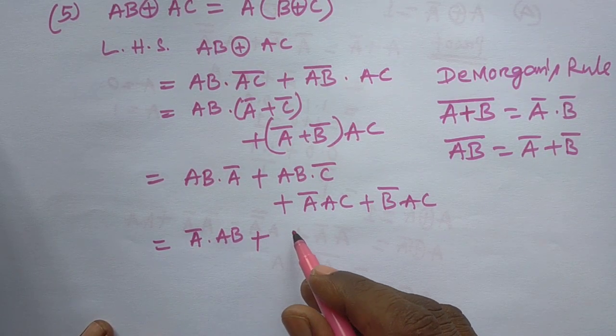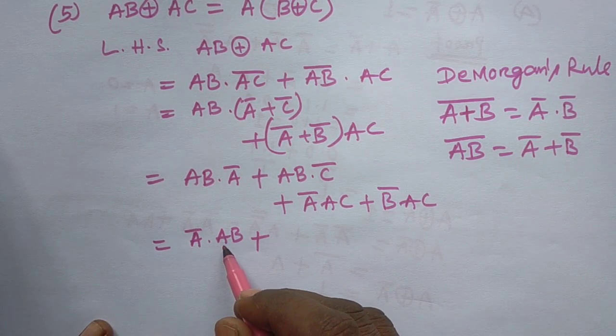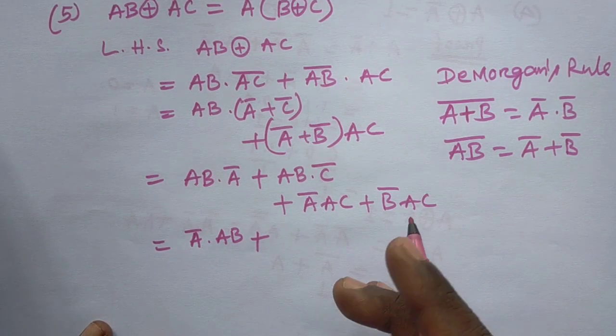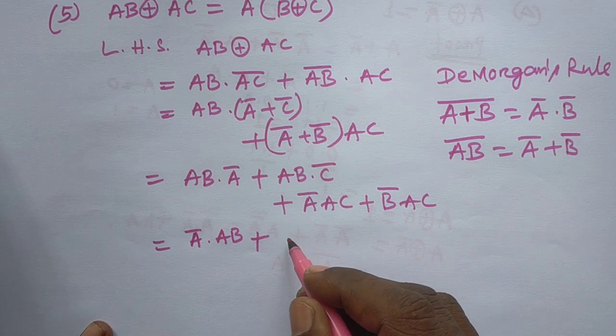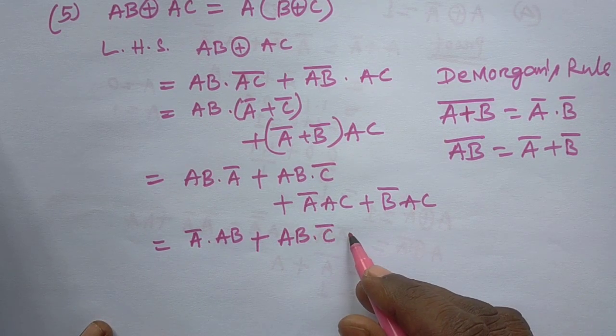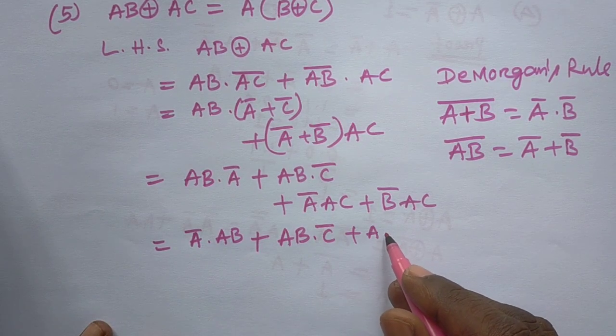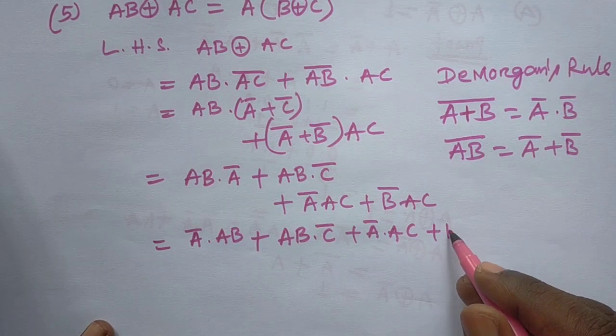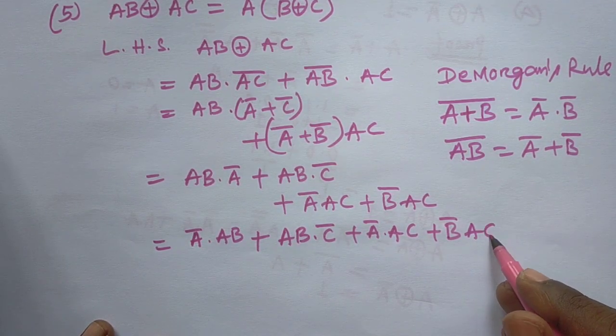Why do I do it? Because A complement A is 0. So here is AB dot C complement plus A complement AC, already there, no problem, plus B complement AC.